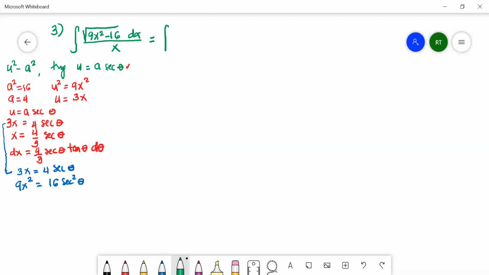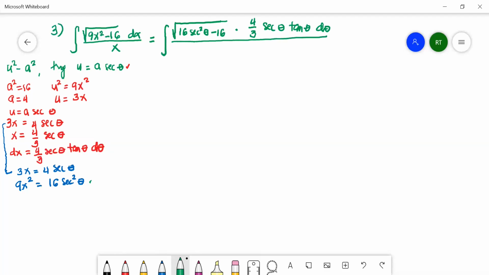This will give us the integral of the square root of, we have here 9x squared is 16 secant squared of theta, then minus 16, and we multiply this by the differential of x, and the differential of x is 4 over 3 secant of theta tangent of theta d theta, over the denominator.